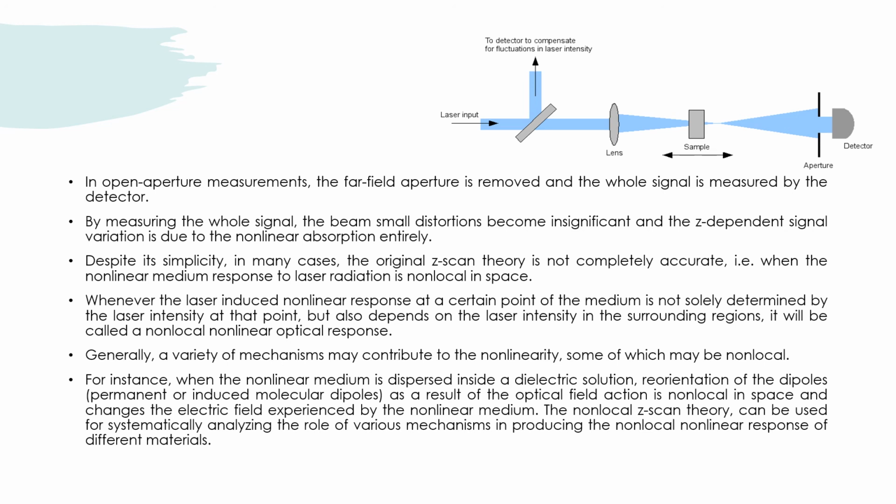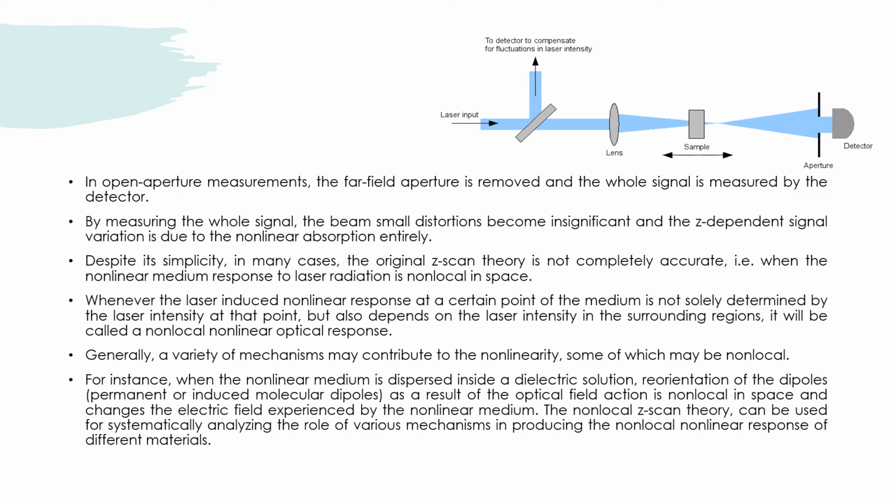By measuring the whole signal, the small beam distortion becomes insignificant and the Z-dependent signal variation is due entirely to the nonlinear absorption.